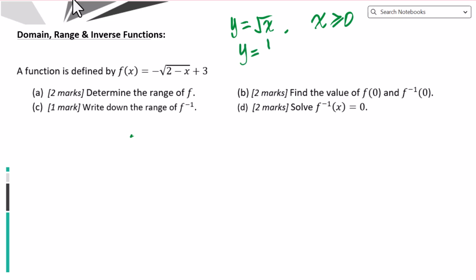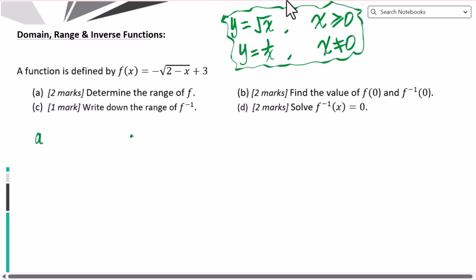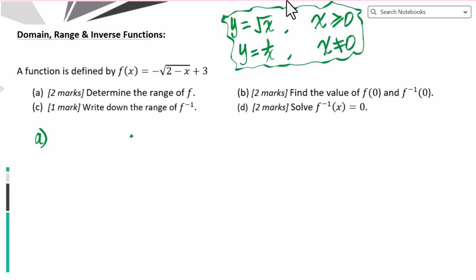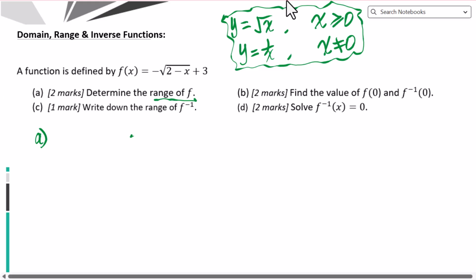For rational function, we will make a denominator not equal to 0. A. Determine the range of f. We will sketch the graph in calculator to work out the range of f of x.